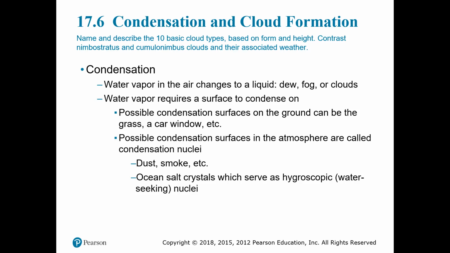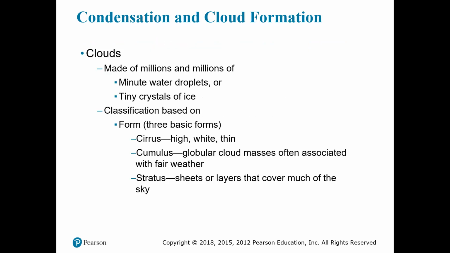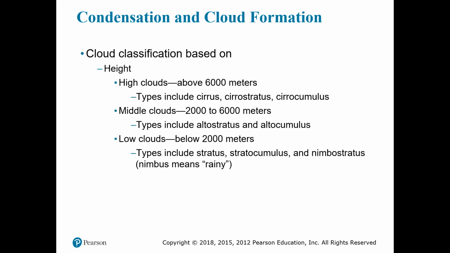In 1803, we came up with this cloud classification scheme. It was done by Luke Howard, who was an English naturalist. And we've modified it a little bit, but his work provided the basis for our present day system. And we classify clouds based on form and height.